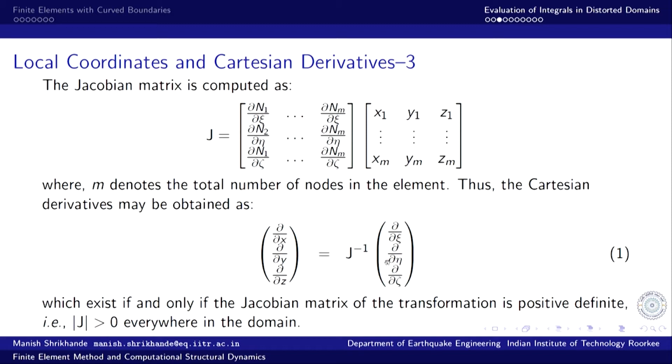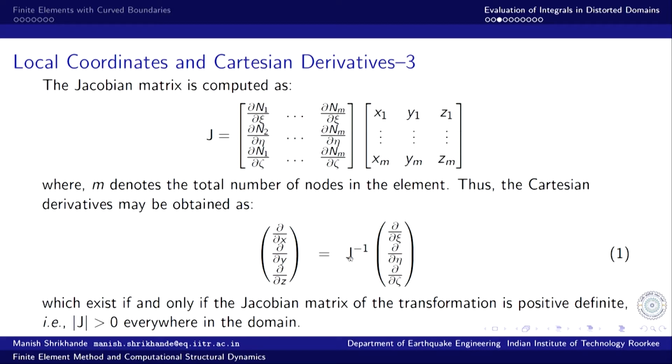So these derivatives can be calculated, and when pre-multiplied by the inverse of this Jacobian evaluated at respective locations with these node coordinates, the derivatives with respect to Cartesian coordinates can be evaluated as required.